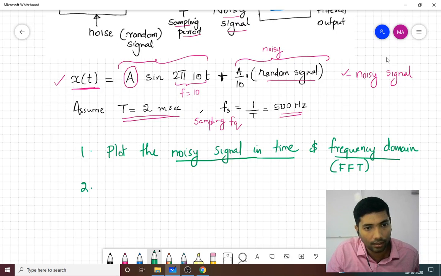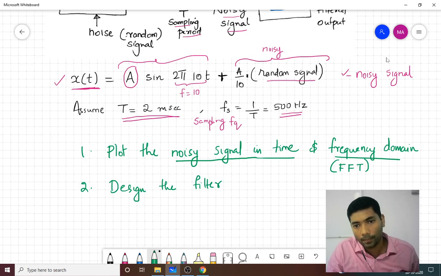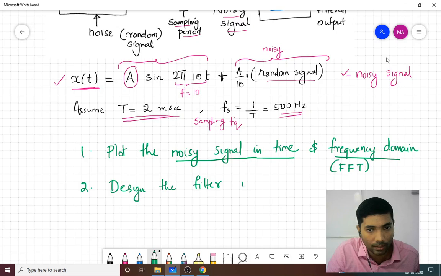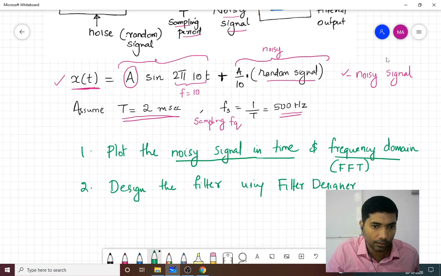Second, we'll try to design the filter such that it will filter out the noise and give the original signal, using a filter designer. This is the app that we are going to use to design the filter.